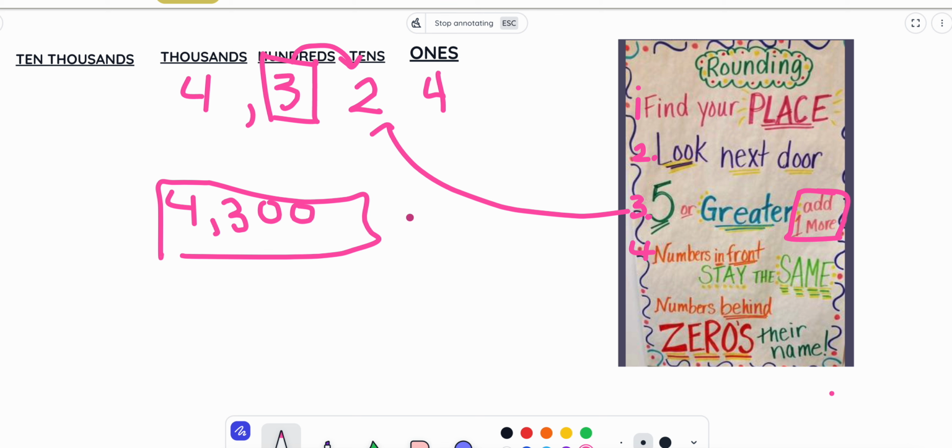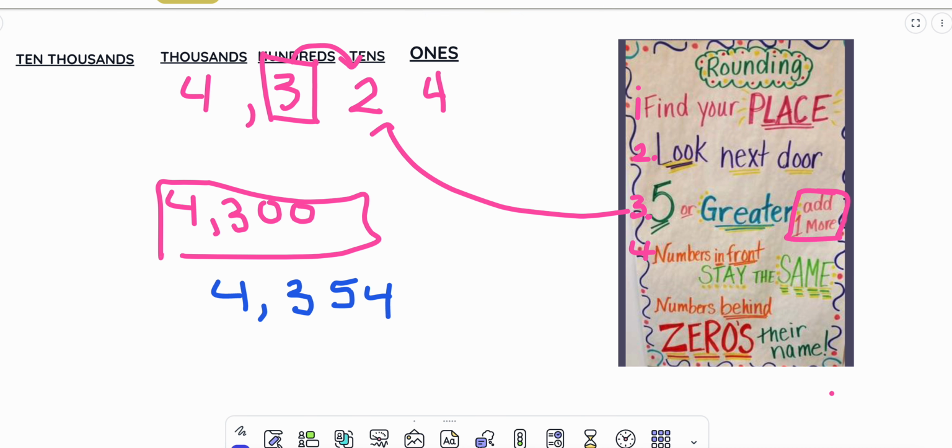Let's practice. So we're going to leave this example up. We're going to do another one. Okay, I'm going to do it in blue. So I'm going to pretend my next number is 4,354. So we're going to go there, okay? Once again, I'm going to round to the nearest 100, and I'm going to write this.